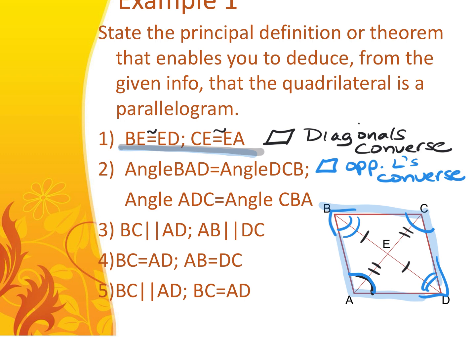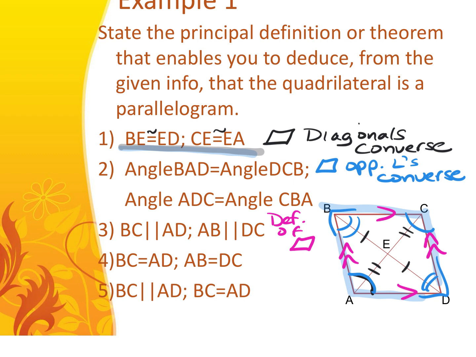For number 3, this one is giving us that BC is parallel to AD and that AB is parallel to DC. So when both pairs of opposite sides are parallel, this is the definition. So definition of a parallelogram.